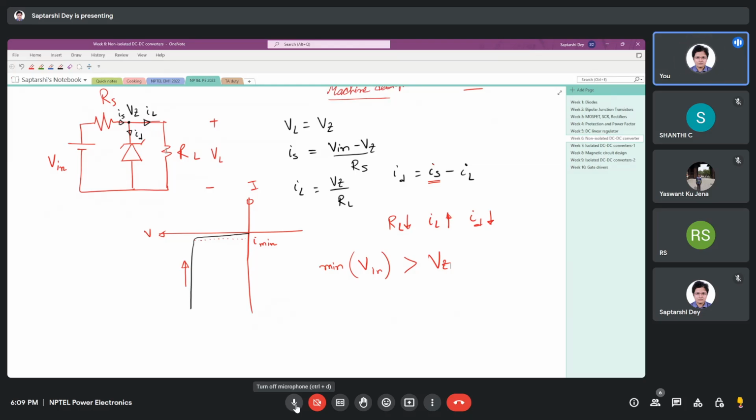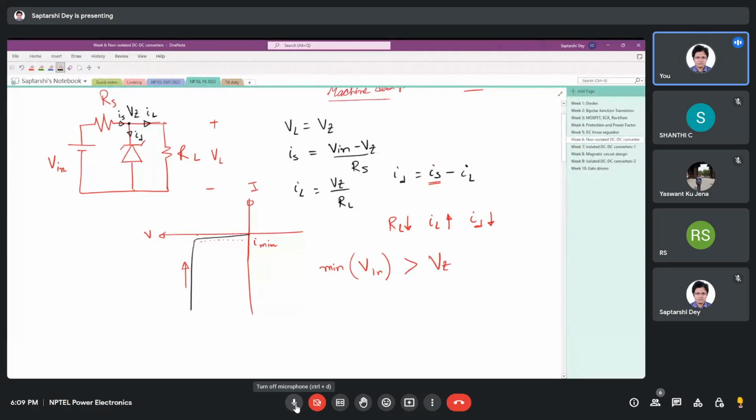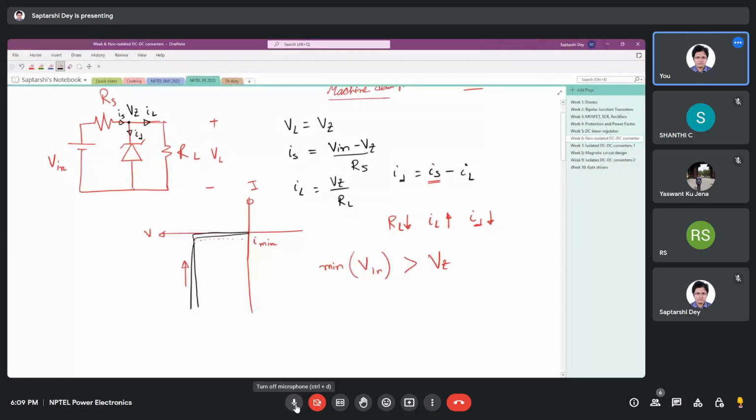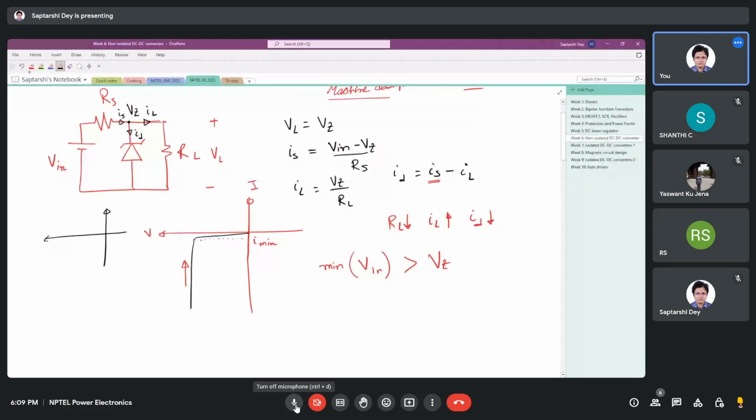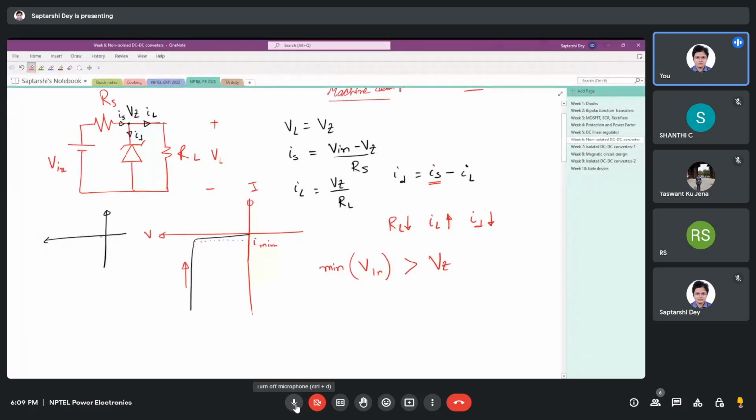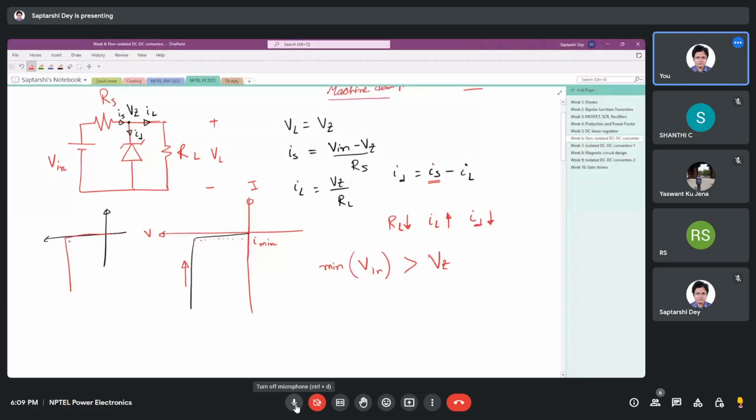Okay, so I think that thought came from here: as we are reducing the RL, that means as we are increasing the load, my diode current is reducing. Maybe if we think about an even more idealized Zener characteristic, it should be like this, like a rectangle coming vertically down.